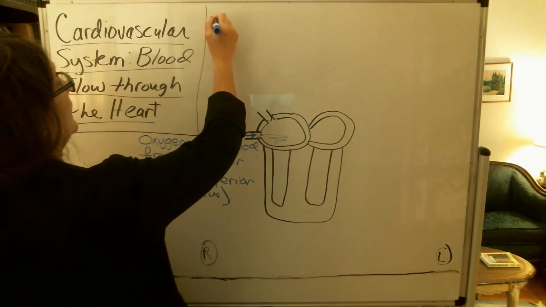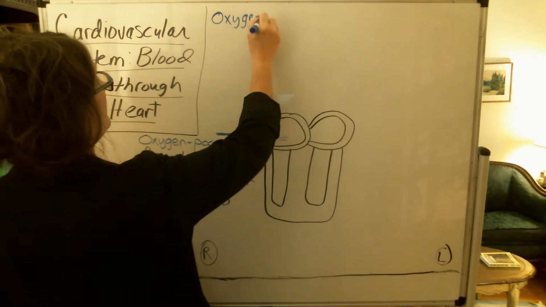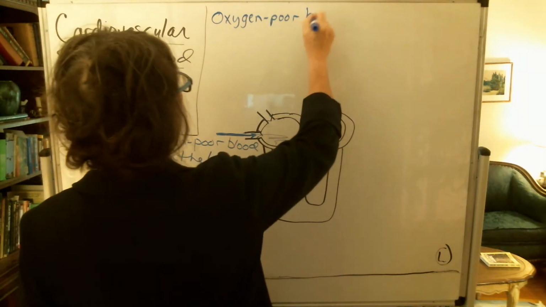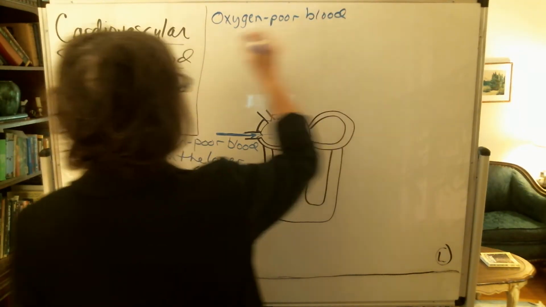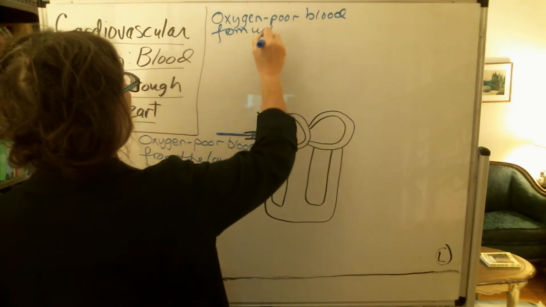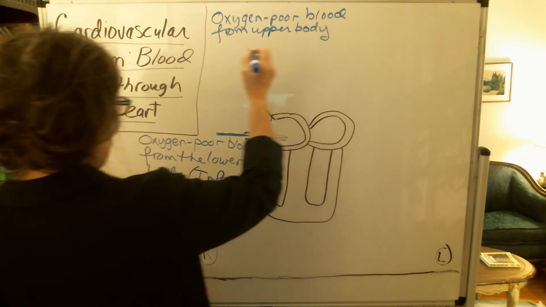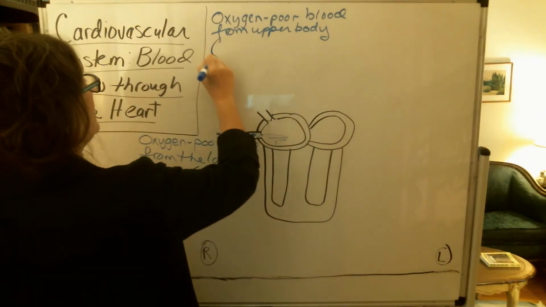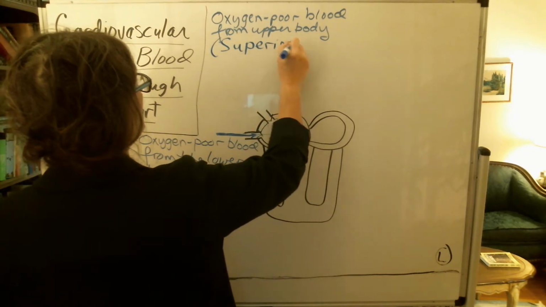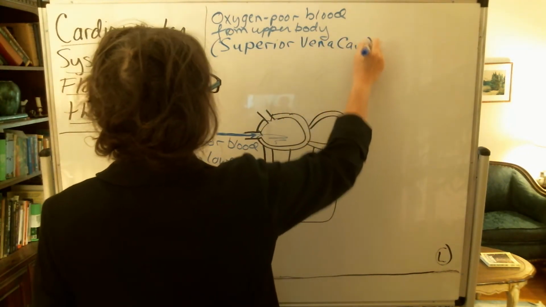And then we have oxygen poor blood from the upper body, so from your head, arms, and chest. So this then is in the vein called the superior vena cava.